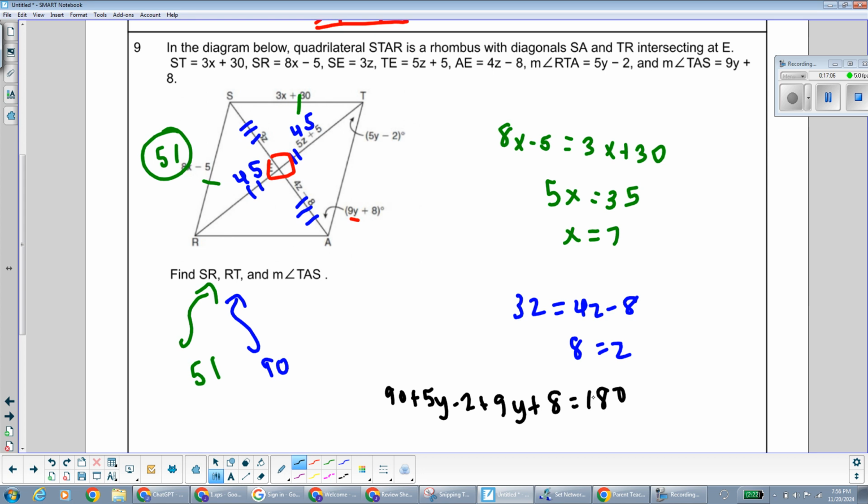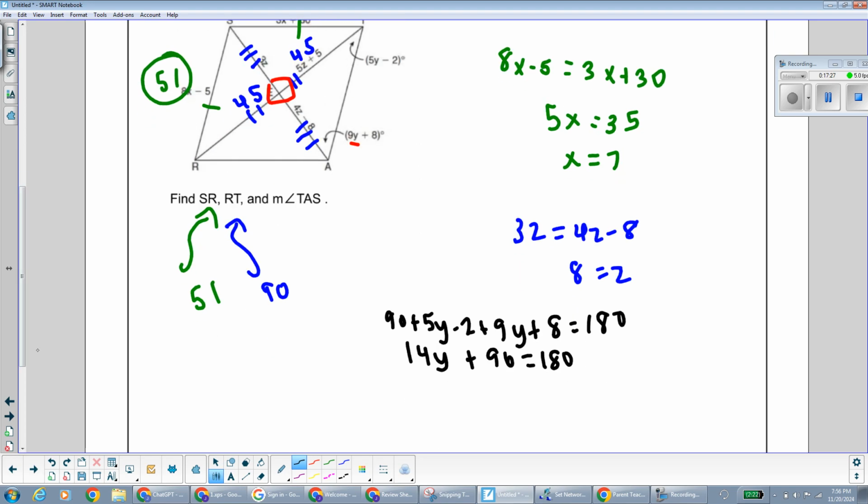Let me combine my like terms. Now let me solve my equation. I'm going to subtract 96 on both sides, and divide by 14.